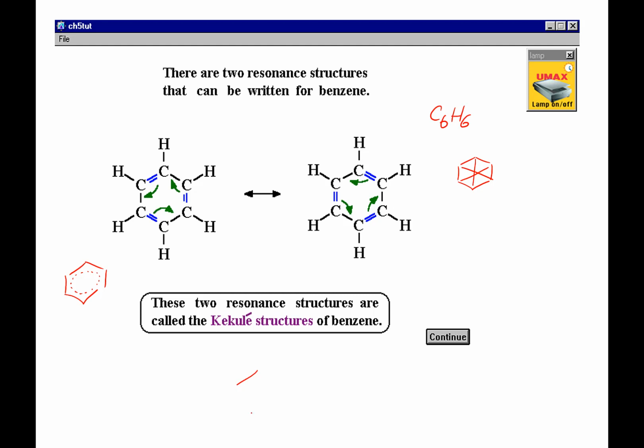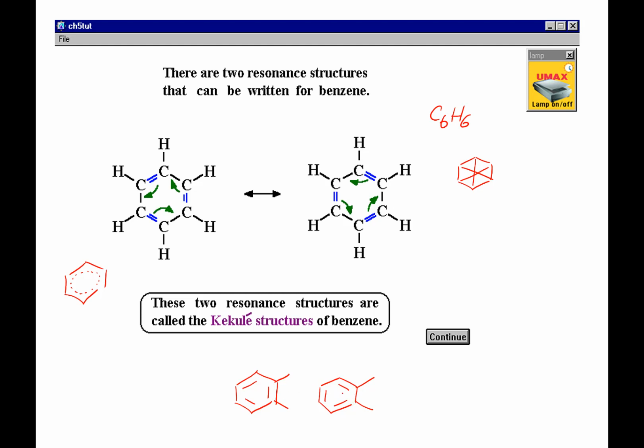What they had to look at was putting two groups, let's say methyl groups, next to each other on the ring and saying, oh, these would be two different structures if there was a double bond between the methyl groups or a single bond between the methyl groups.